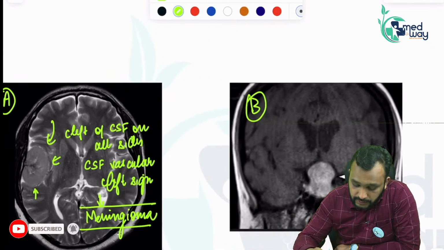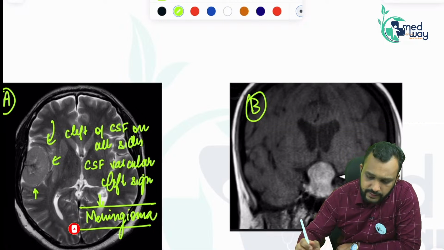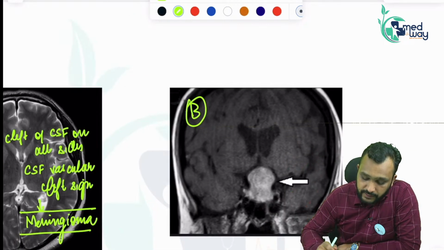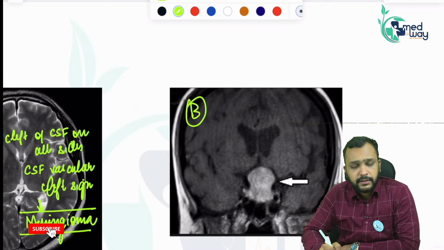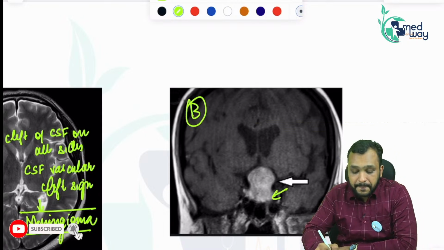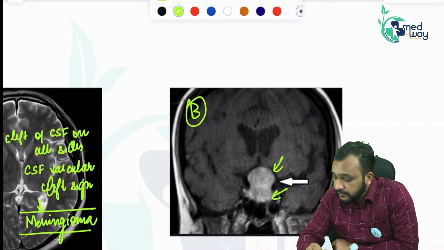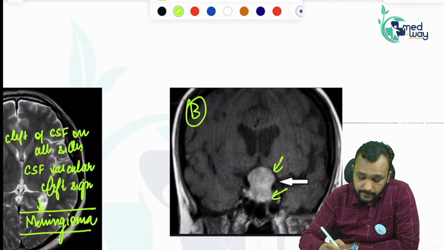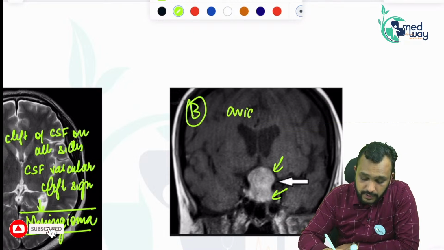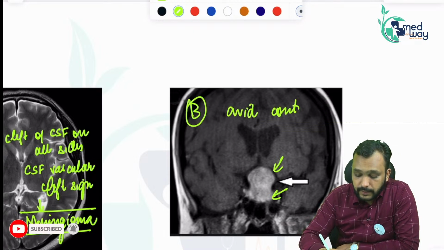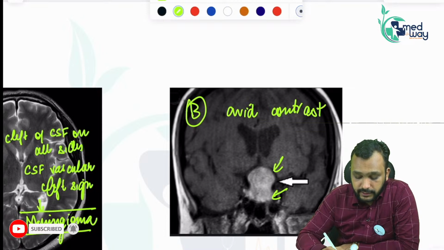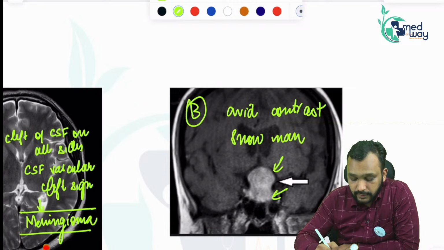Now talking about the second image, we can see a lesion located in the sella and suprasellar location, showing avid contrast enhancement, and along with that we can see a snowman appearance or figure of 8 appearance.